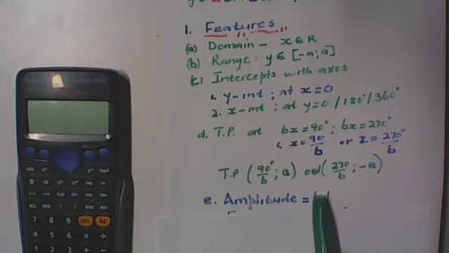So the absolute value of a, if our a was 3, the absolute value of 3 is 3. If it was minus 3, the distance that you will have covered will be positive 3. Therefore, the amplitude is never negative, guys. If you have a negative a, you ignore the negative. If it's positive 3, positive a, then you just put it as it is. So that will be the amplitude.